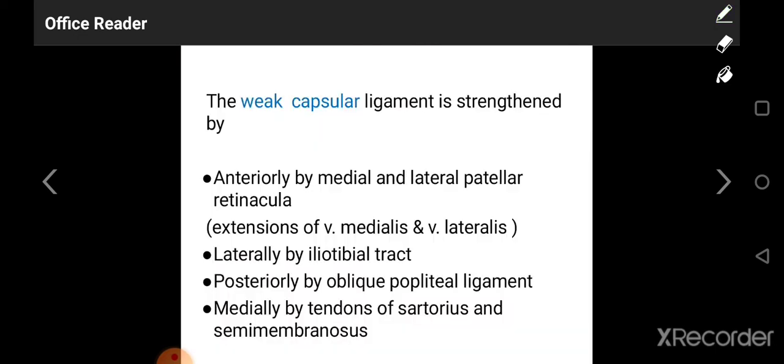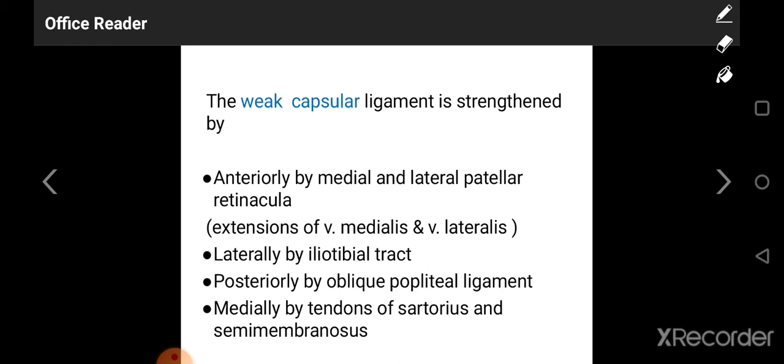Then the weak capsular ligament is strengthened, on the anterior side, by medial and lateral patellar retinacula. These patellar retinacula are the extensions of vastus medialis muscle and the vastus lateralis muscle. These muscles are the muscles of the front of the thigh. And laterally, it is supported by the iliotibial tract.